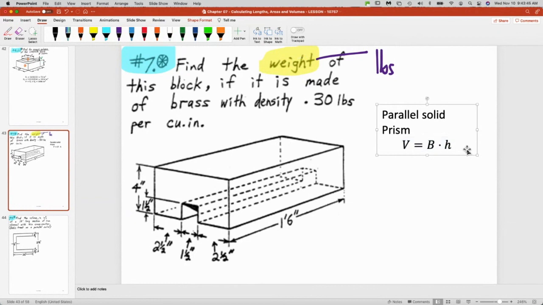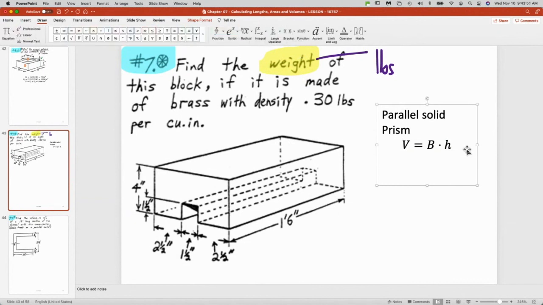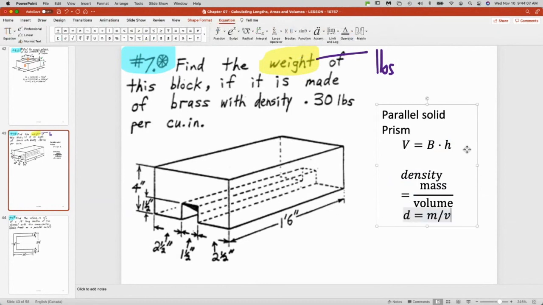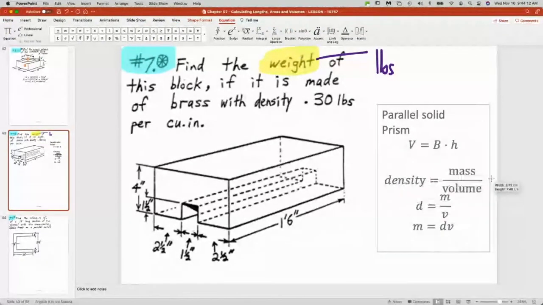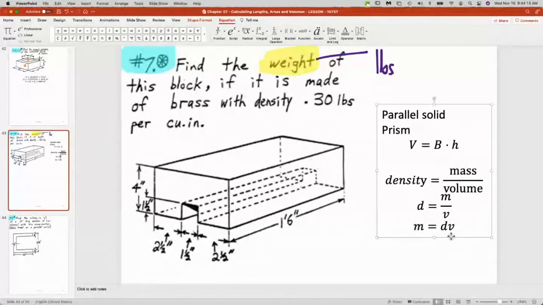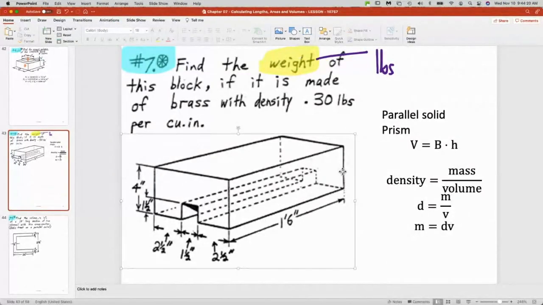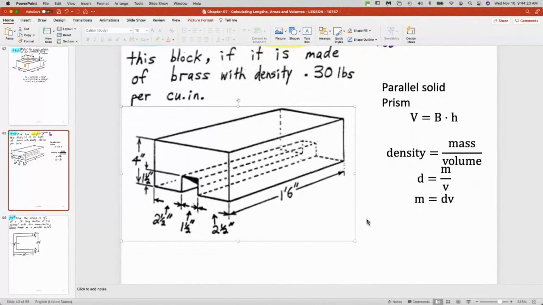We have the prism or parallel solid, and then we also need the density formula, which is density is mass over volume, or V equals M over D, or M equals dV. However you want to write it. I'm just writing it all the different ways to make you feel happy. But those are your formulas that would be useful here. Let's take this diagram and zoom in on it because it's hard to read.